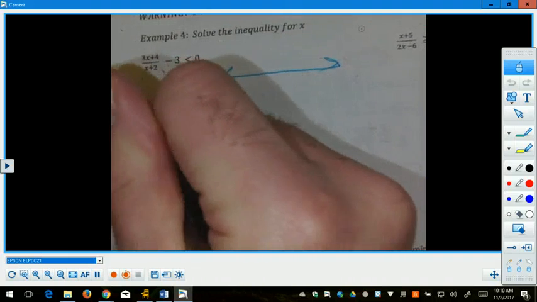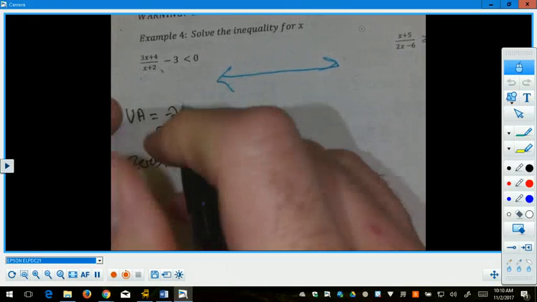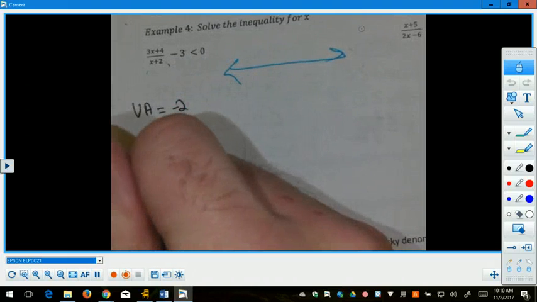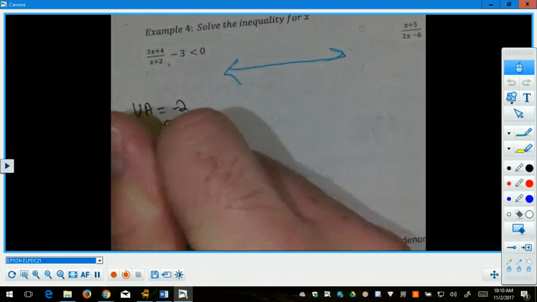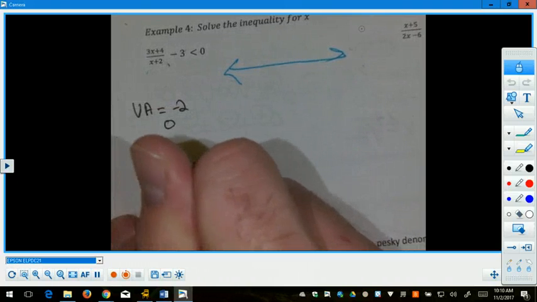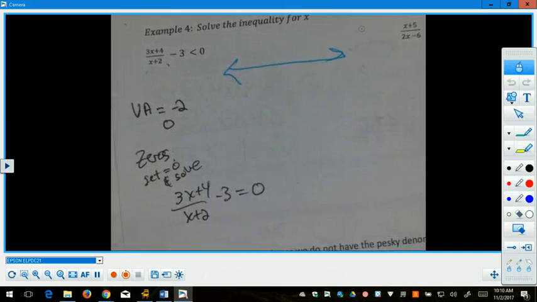So we can't have equality with that. We need to find the zeros. I can go through all that work, or I could pretend it's equal to 0 to find the zeros. So I've got (3x plus 4) over (x plus 2) minus 3 equals 0.